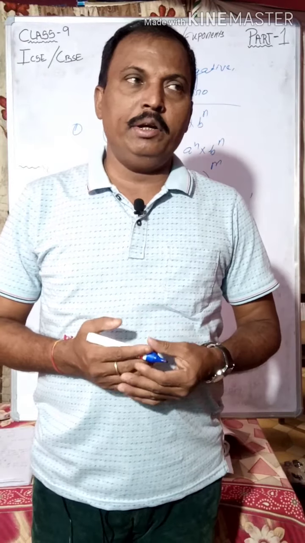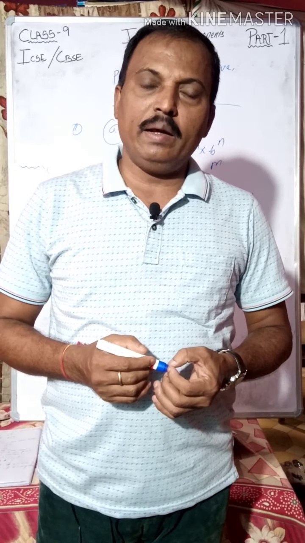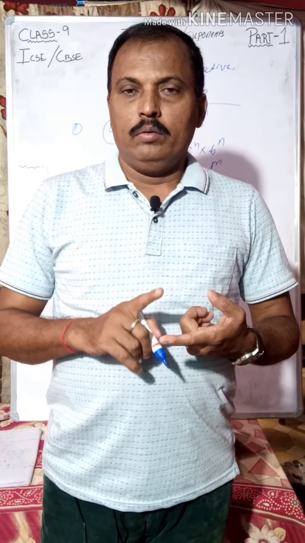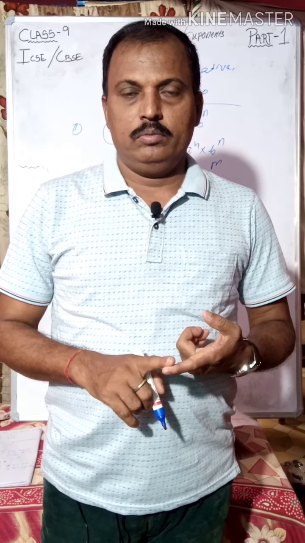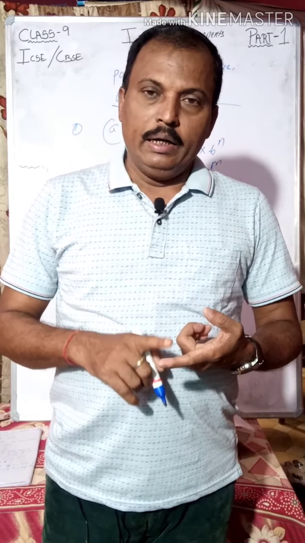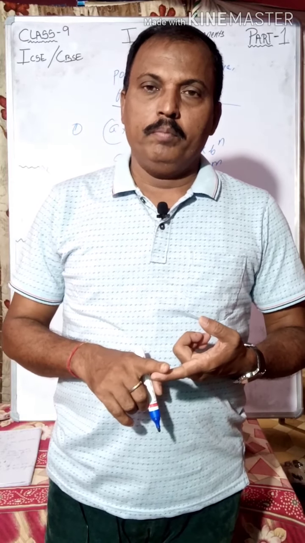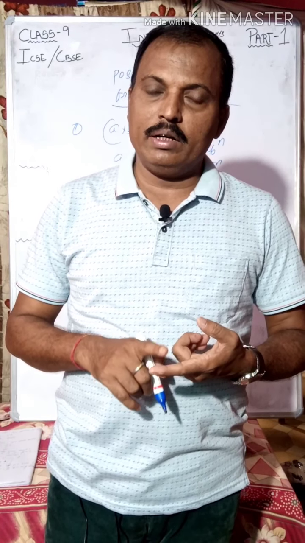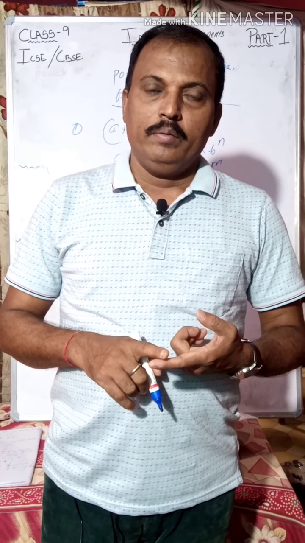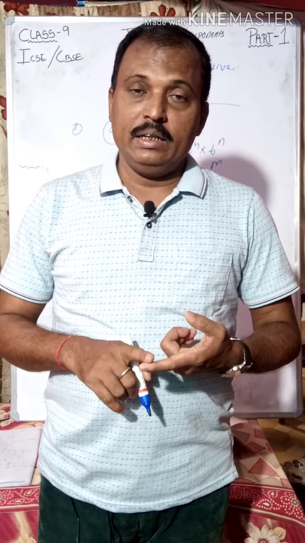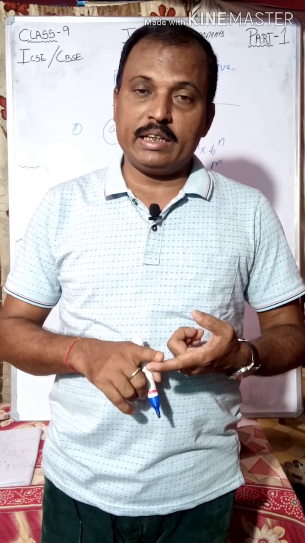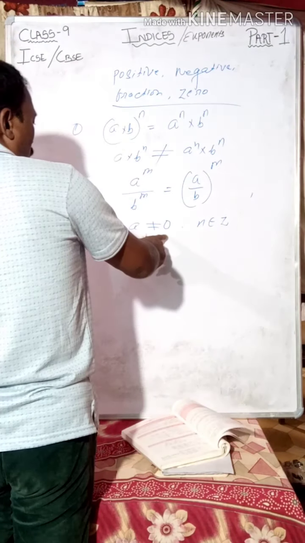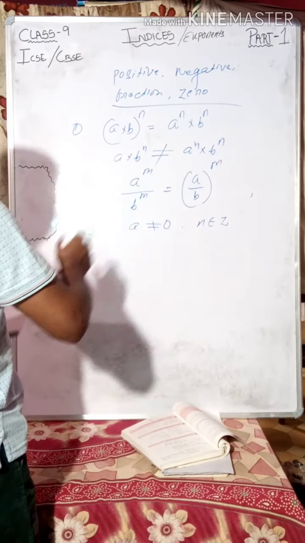You have no sets in your classes, but in CBSE there is a set: natural numbers, integers, rational numbers, irrational numbers, real numbers, imaginary numbers. Real numbers R, rational numbers Q, irrational numbers Q dash, and integers I or Z. So a is not equal to 0, n belongs to Z.